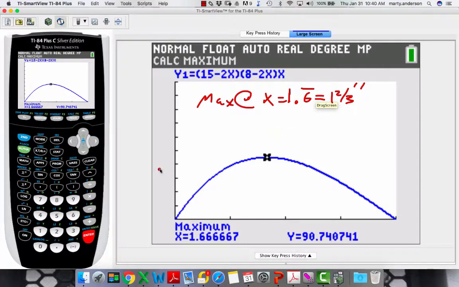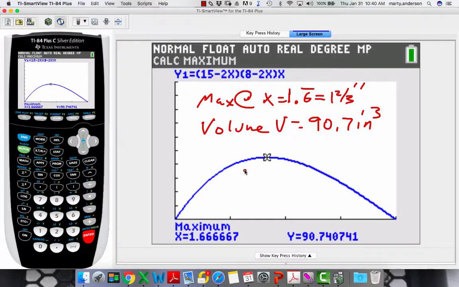And then the maximum of the volume is going to be at the y, which is 90.7 inches cubed. Okay, so in order to maximize the volume of a box, I need to cut in 1 2/3 of an inch. That's what we're looking for here.